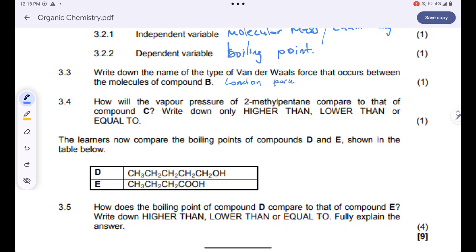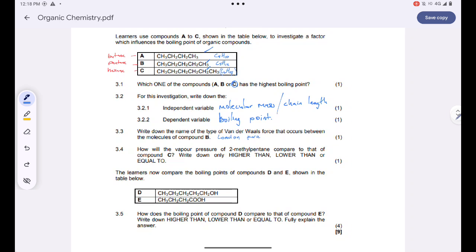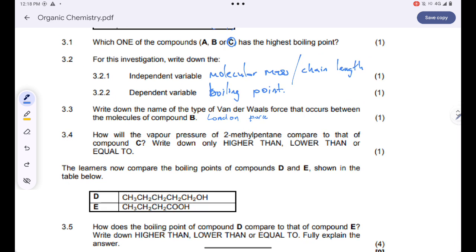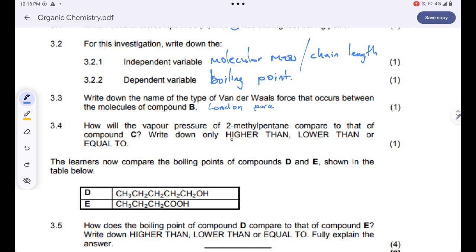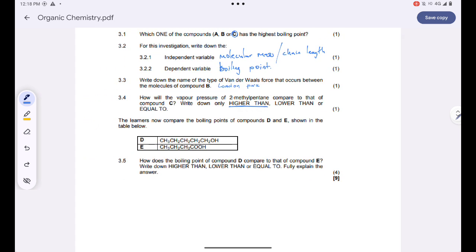Remember that, guys, 2-methyl propane, firstly, has a smaller molecular mass compared to compound C, which is hexane, and secondly, it has a smaller surface area compared to compound C. So that means the intermolecular forces that exist between 2-methyl propane are weaker than that of compound C. So with weaker intermolecular forces, the vapor pressure will be higher. Vapor pressure will be higher.